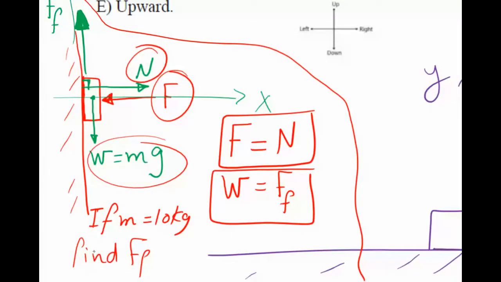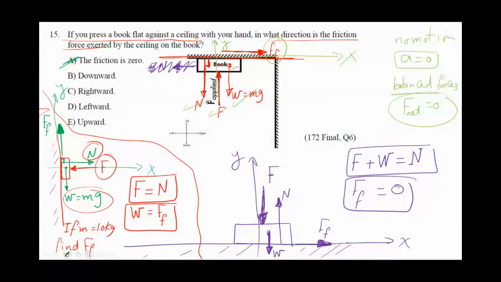How to find the friction force? Here the friction equals the weight. I have the mass 10 kilograms, so it's 10 times g. mg gives you 98 Newton. So this is the friction force.